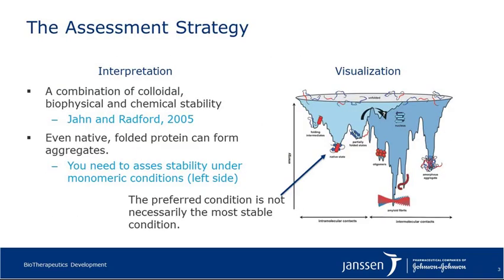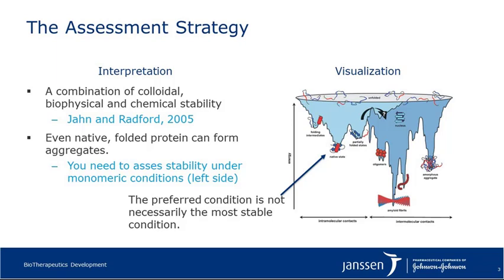To discuss what the thought process is behind the experiment, we go back to a combination of colloidal, biophysical, chemical stability that was discussed in Jan Radford's paper in 2005. And I use this figure from their paper that looks at the energy state and across the whole range of protein conformations that can be accessed within a given energy state for a molecule, different buffering conditions.